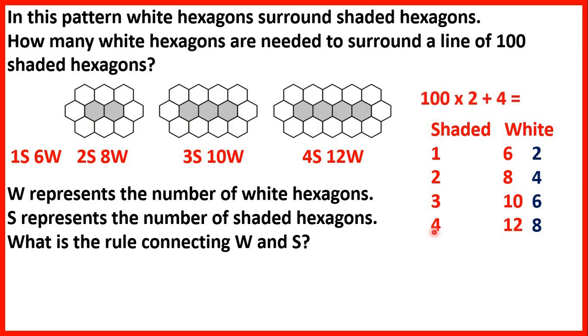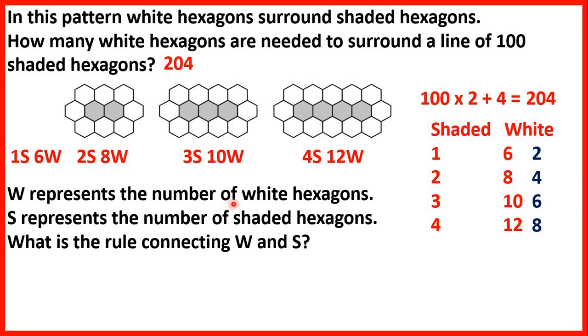And that means if we have 100 shaded hexagons, we can multiply that by 2 to get 200 and then add 4 to get 204. So we will need 204 white hexagons.